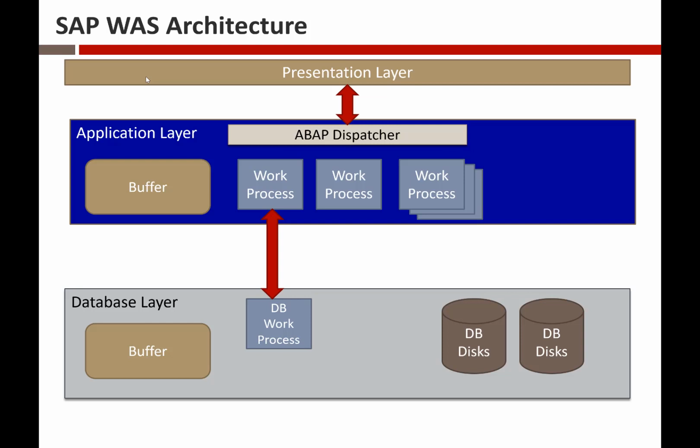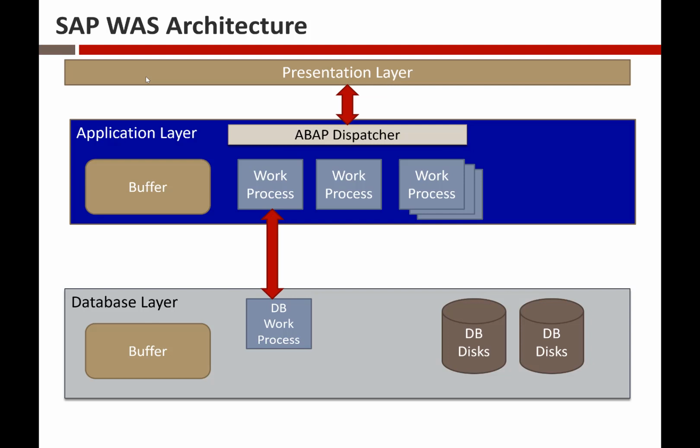The ABAP dispatcher spawns work processes, which you can think of as being like threads in a multi-threaded environment. It spins up a work process that is used for our ABAP program. This work process, which has a buffer that can be used for moving data back and forth, reaches out to the database layer and activates the database work process there.